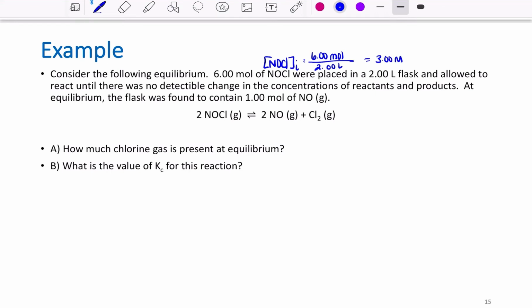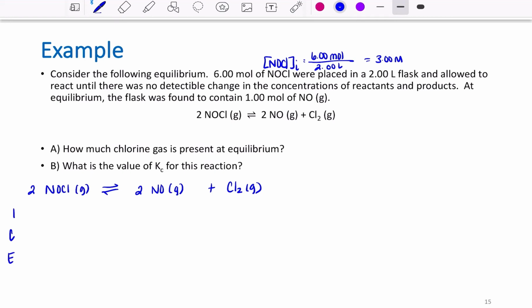Let's go ahead and set up my RICE chart. 2 moles of NaCl react to produce 2 moles of NO and 1 mole of Cl2. And I'm not specifying, but these are all in gas phase, and that does matter. We will see why when we talk about heterogeneous equilibria soon, but it absolutely does matter.